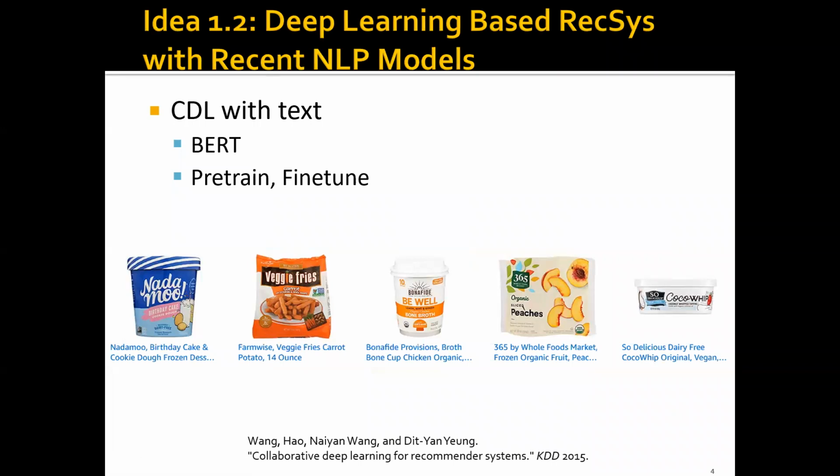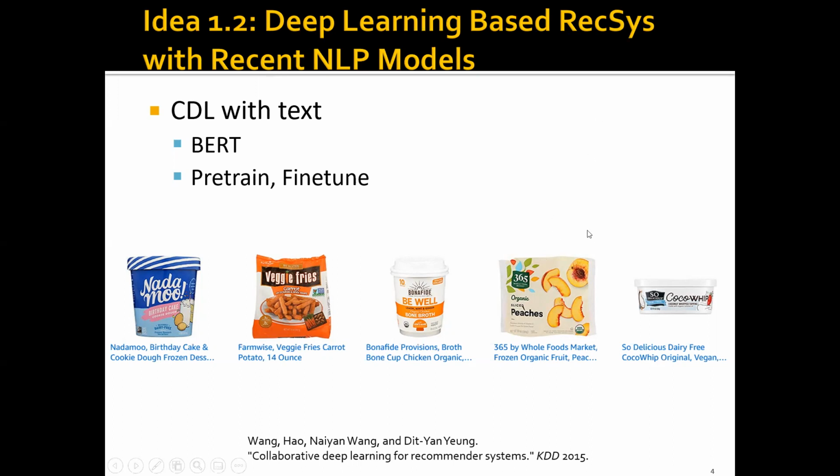Another idea is that, remember that in the CDL model and its recurrent version, we only use some very simple deep learning models like multi-layer perceptrons or recurrent neural nets. And recent advances in natural language processing have proposed much more powerful models like Transformers, BERT, GPT-2, GPT-3, and these can all be used to further improve the performance.